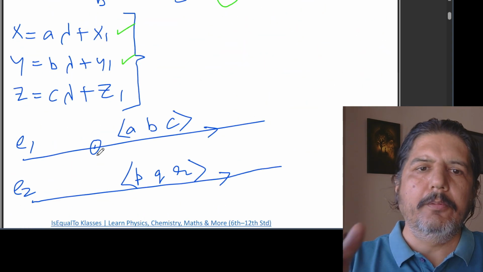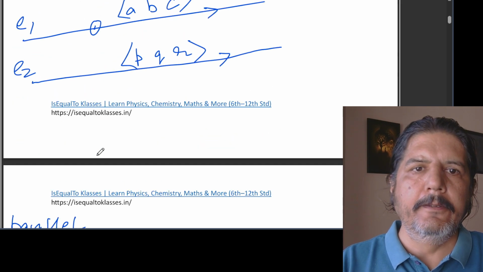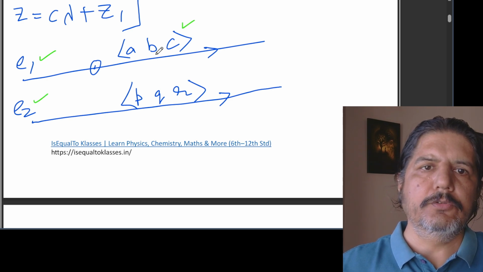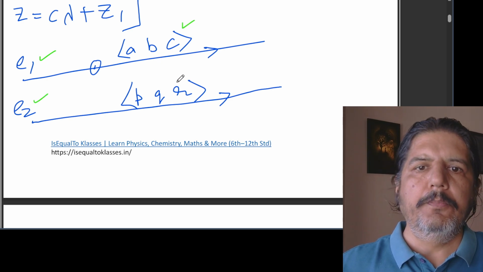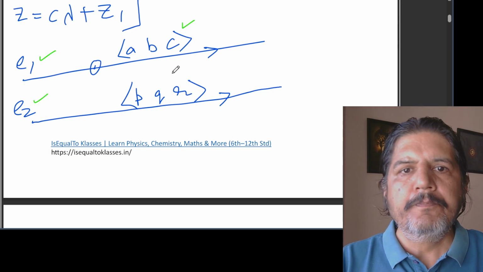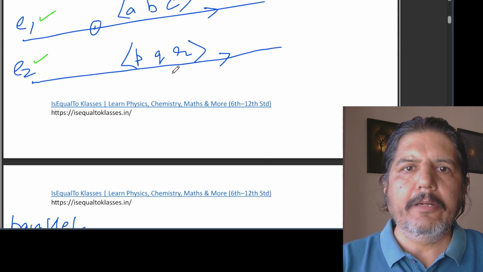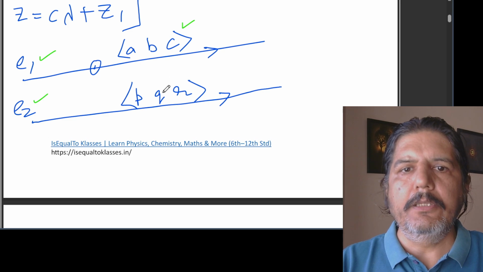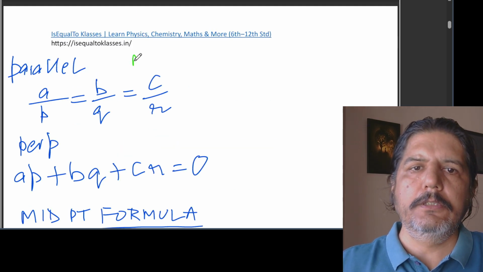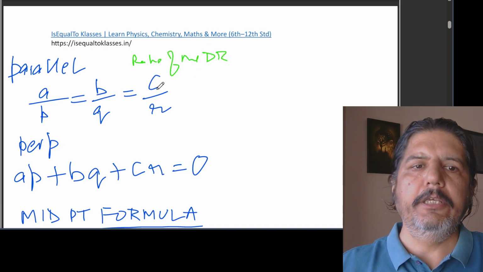I'll be using all these formulas in this lecture, so before I start, I thought of revising a few of the important formulas. If I have a line L1 and a line L2, where A, B, C are the direction ratios of line L1 and P, Q, R are the direction ratios of line L2, then if they are parallel, A upon P, B upon Q, C upon R, that is the ratio of the direction ratios, would be equal.